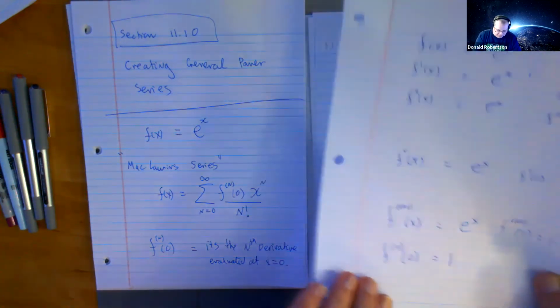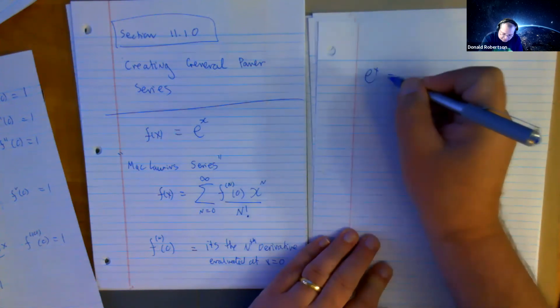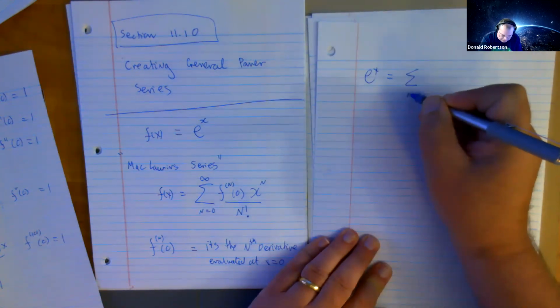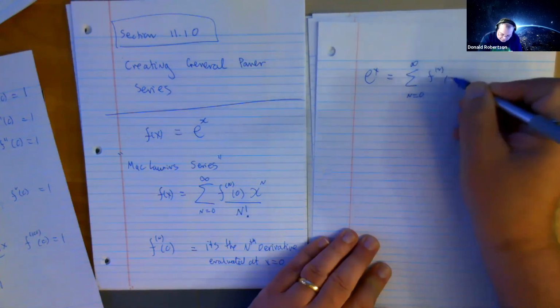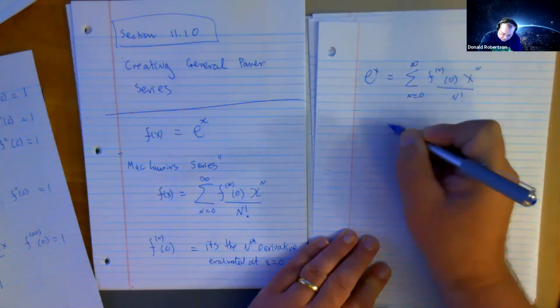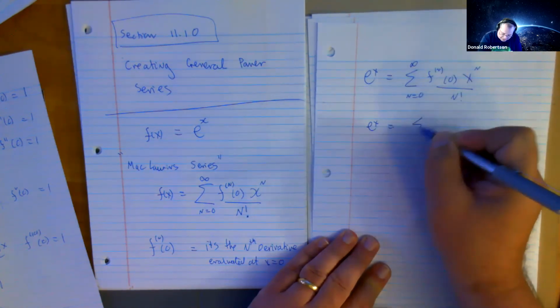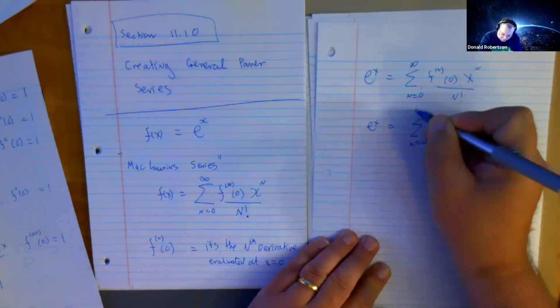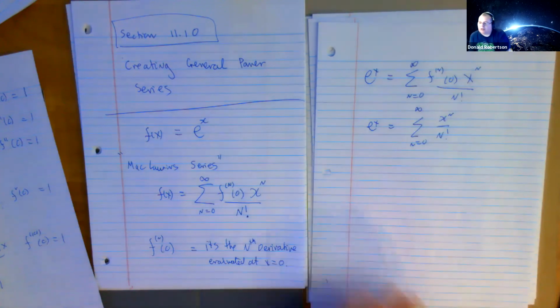That means that e to the x can be written as the sum from n equals 0 to infinity of the nth derivative at 0, x to the n over n factorial. Well, if that's 1, it means the power series for e to the x is that guy.